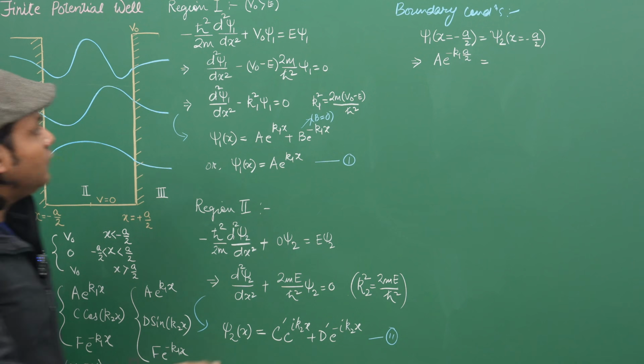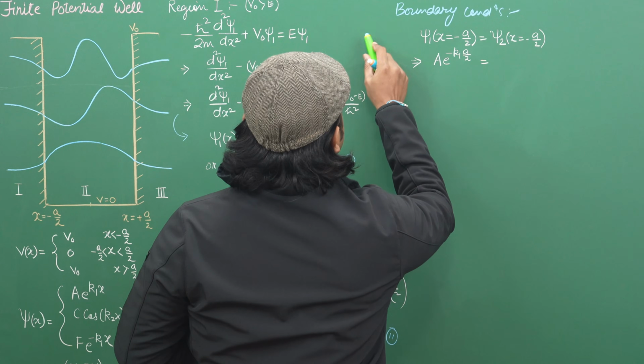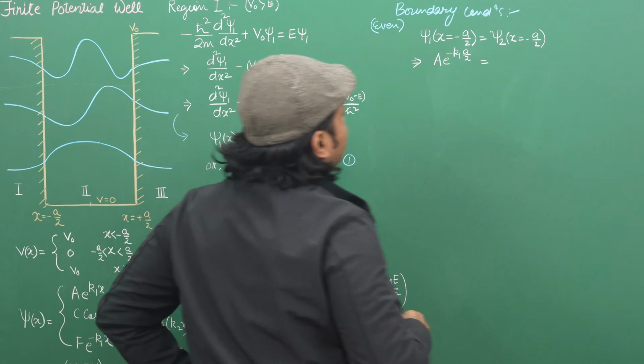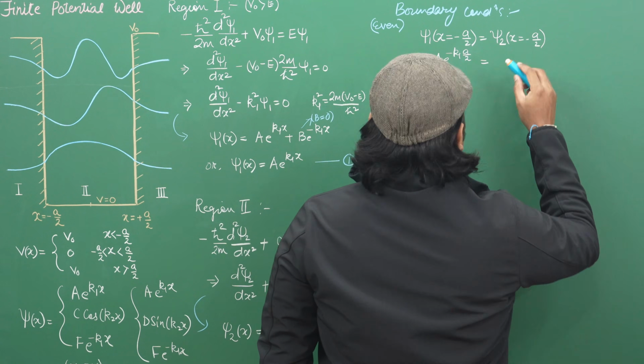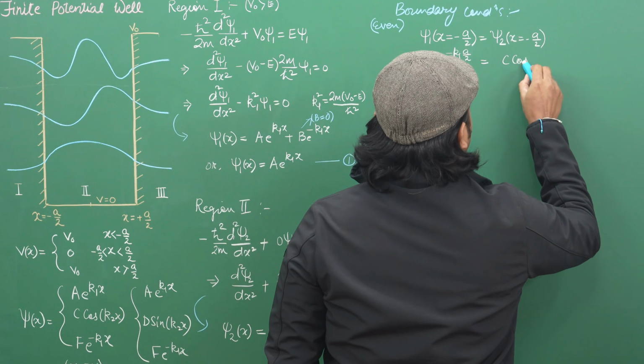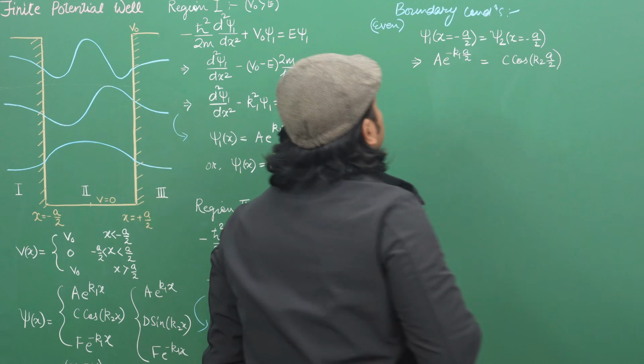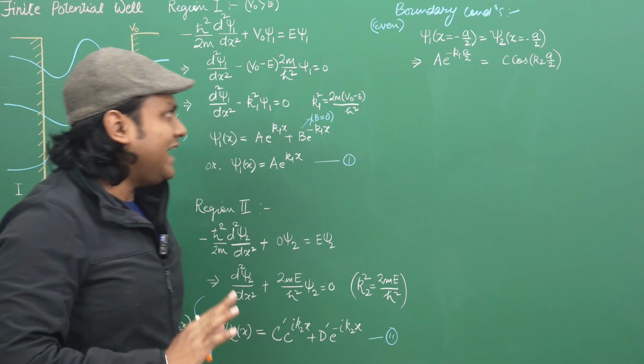So let's first do it for the even case, and then we will also do it for the odd case. So for the even case, we have C cos k2 a upon 2. That's it. Continuity of the eigenfunction solution.